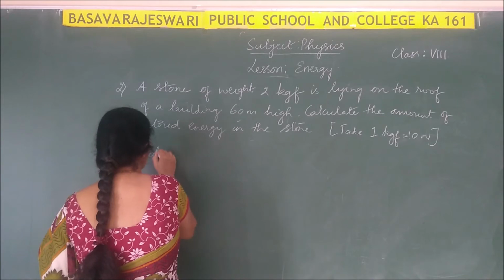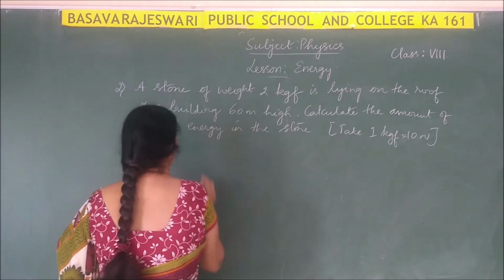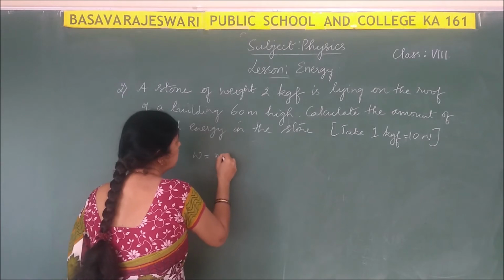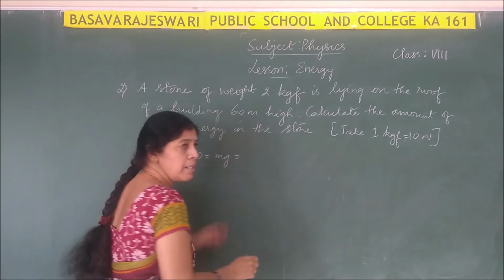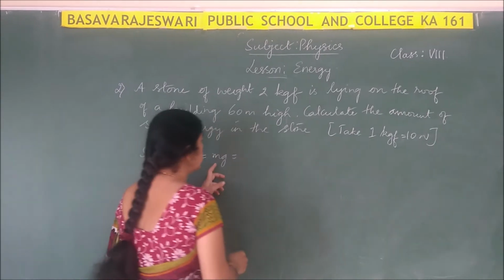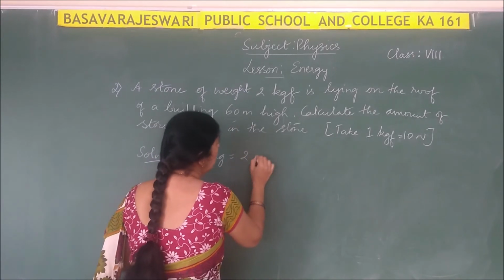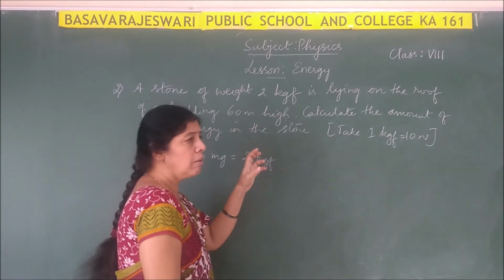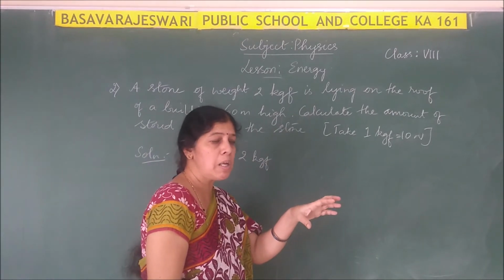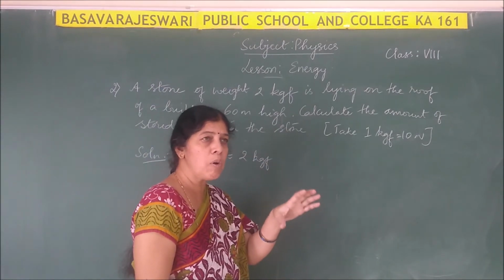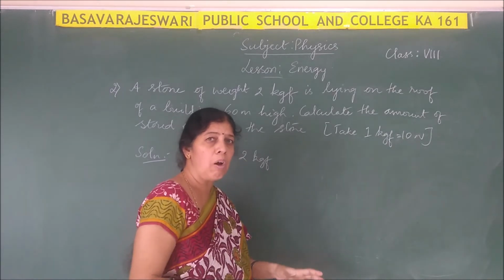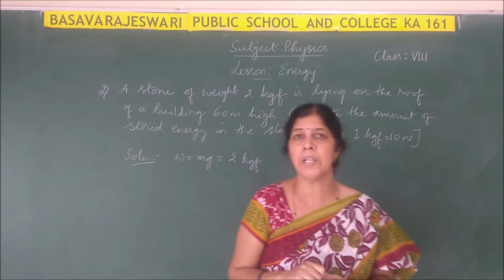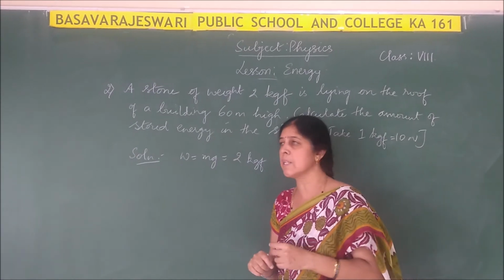Now the solution, you see, weight is equal to mg, weight is nothing but mg, right? Weight is equal to mg is equal to 2 kgf. Now weight is nothing but force only, because weight is nothing but the force exerted by the earth on all the objects. Going back to the definition of weight, which you have learned in your lower classes.